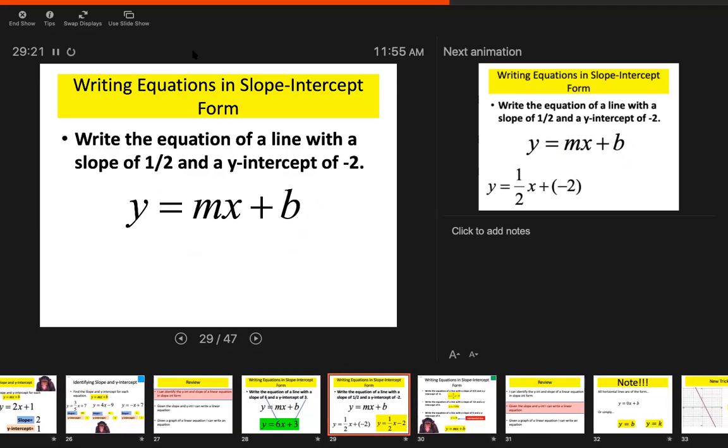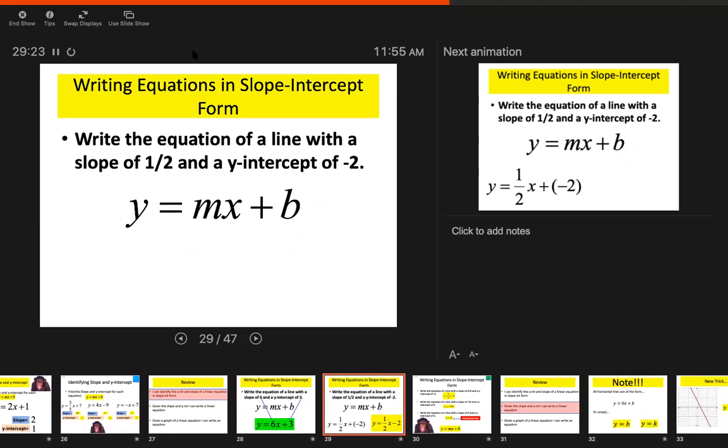Sophia, look at the board. Tell me the equation of that linear equation. I got a B and I got an M. One of these is B and one of these is M. Which one is which?